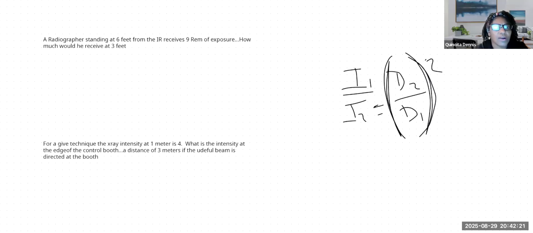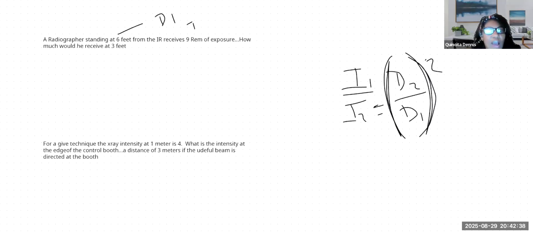Oh, there it goes. All right, so my 6 feet is my first distance. At 6 feet, you receive 9 rem. That is going to be my first exposure, I1.